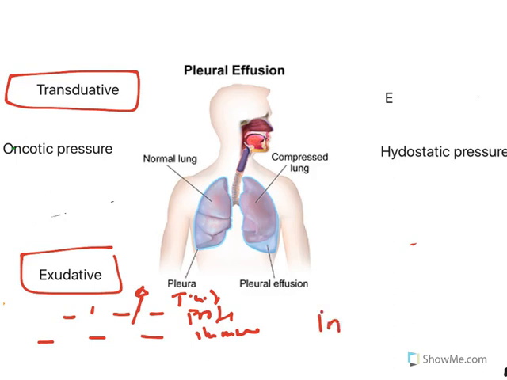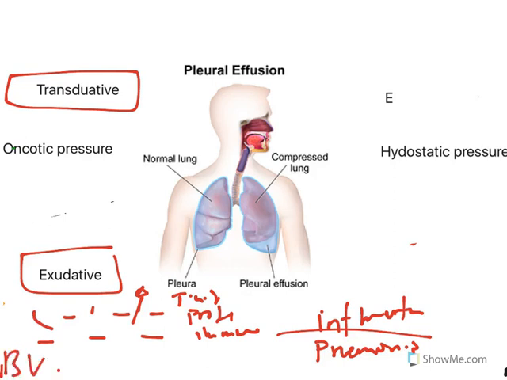This is due to inflammation of the blood capillary or pneumonia. Pneumonia is an infection, or maybe a cancer disease that happens to the blood vessel will cause them to lose their elasticity, so the fluid will be exuded from the blood vessels toward the tissue.